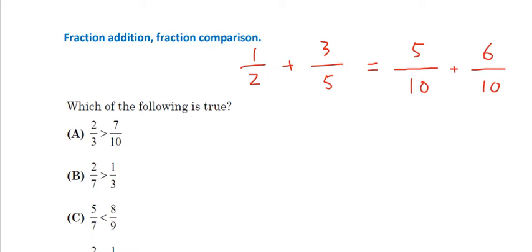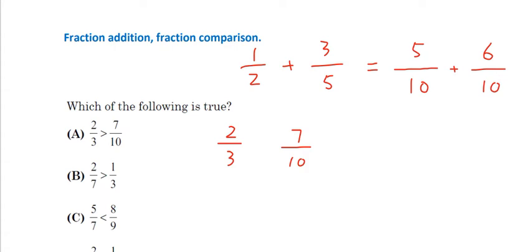In fraction comparison, we want to compare which one is bigger. We also need to make the denominator the same. So let's say for this one, is A true? Is 2/3 larger than or less than 7/10?